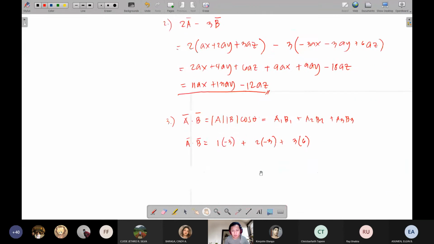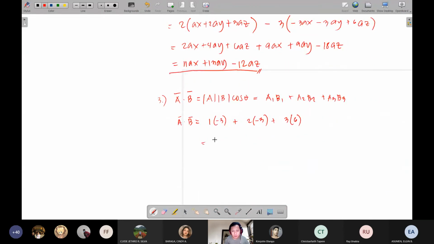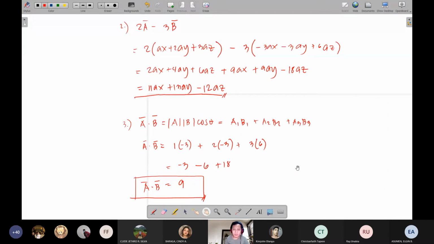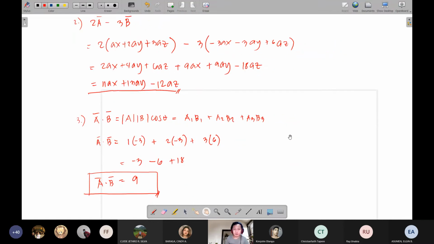So this will be negative 3 minus 6 plus 18, which is positive 9. So vector A dot vector B will be positive 9. So far, any questions?